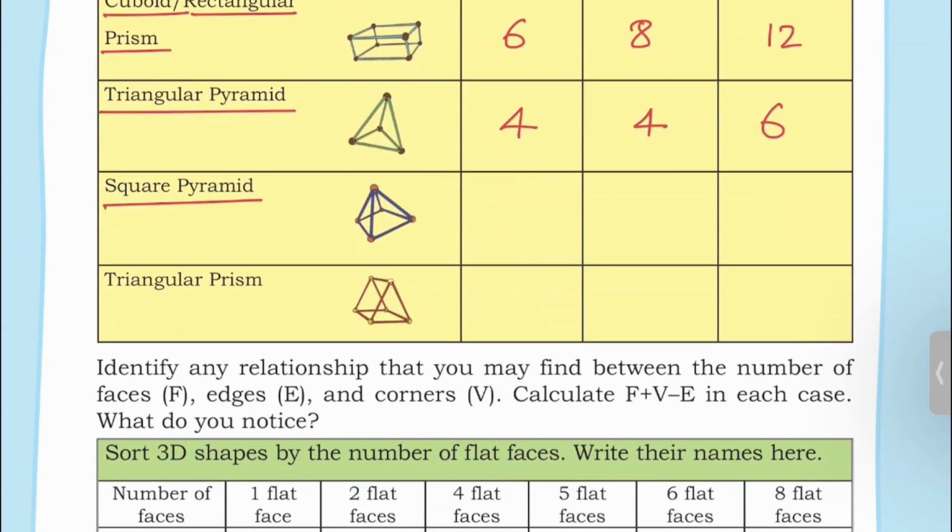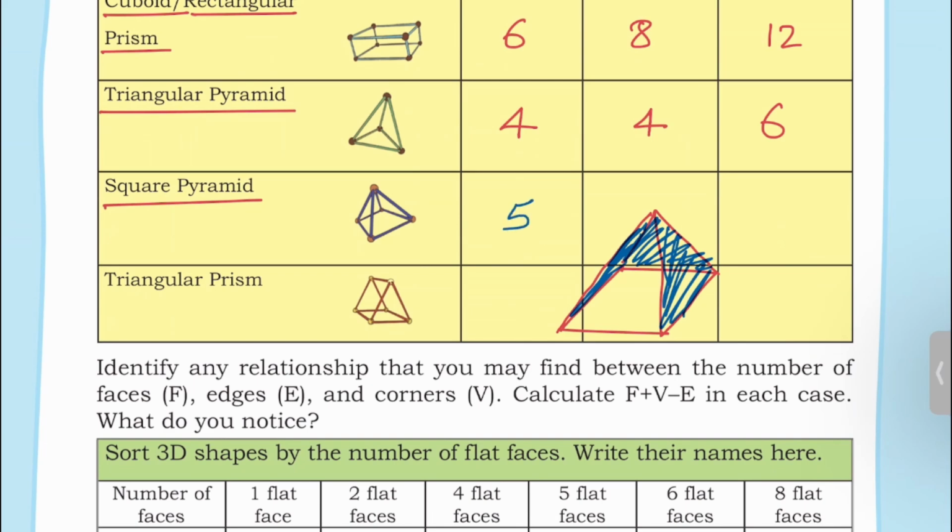A square pyramid. That means a pyramid whose base is square in shape. Like this. Number of faces 1, 2, 3 and one in front and one at the bottom, 4 and 5.